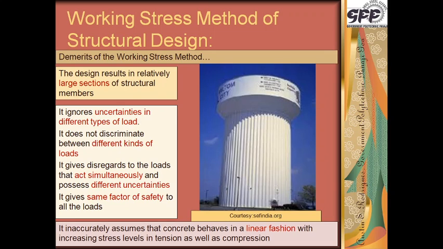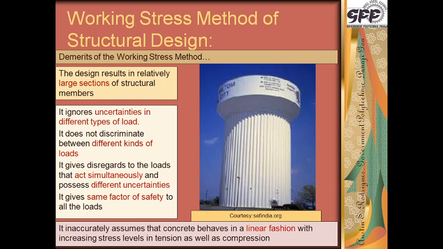The design by the WSM, the working stress method, results in relatively large sections of structural members. Why do we get large sections? If you observe, the stress taken when we are designing the sections is much lower than even the yield stress.